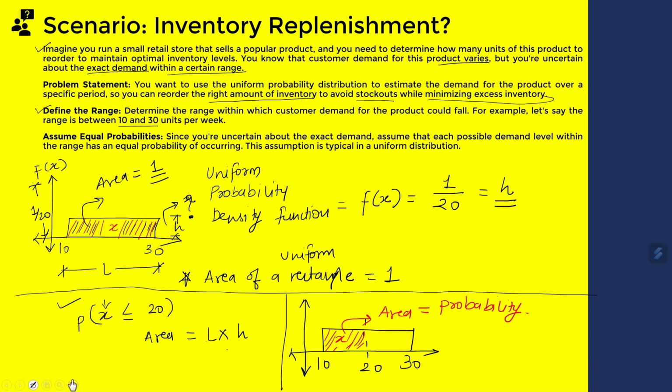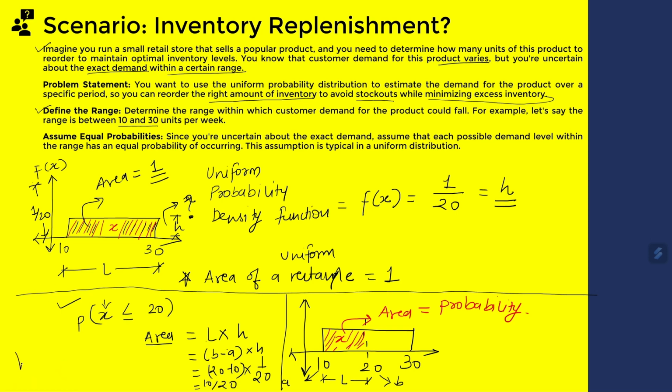Alright, so how are we going to do that? We have to calculate the area. We have a length and we have a height. In this case, our length is for only this much portion. So this is our P and this is our A. So length is going to be P minus A into H, 20 minus 10 into 1 by 20, which is going to be 10 by 20.